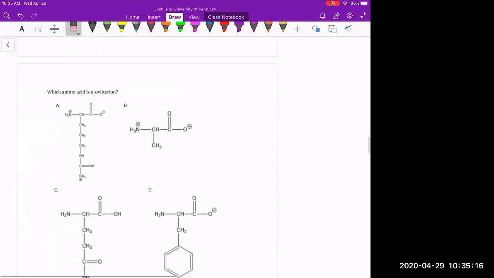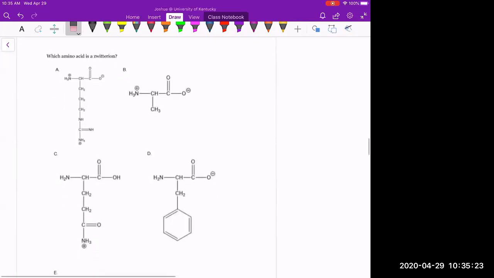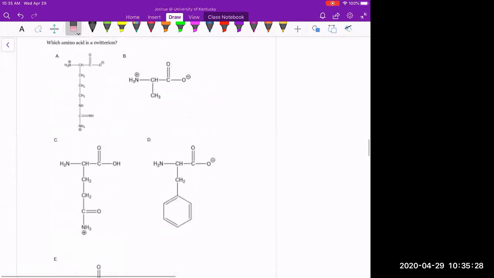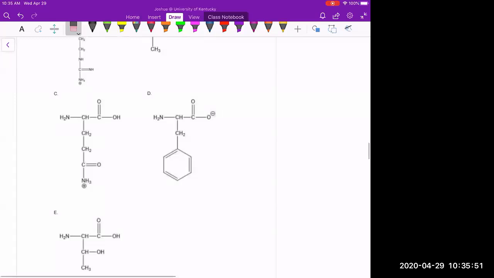Next question, moving to amino acids and proteins. Which amino acid is a zwitterion? If we look at all of them, the answer is B, because +1, -1, no charge, that sums to 0. +1, -1, +1 sums to +1.